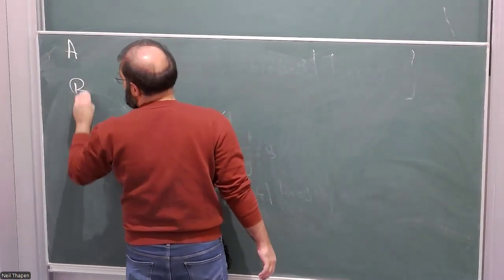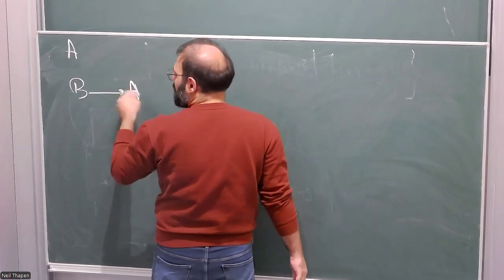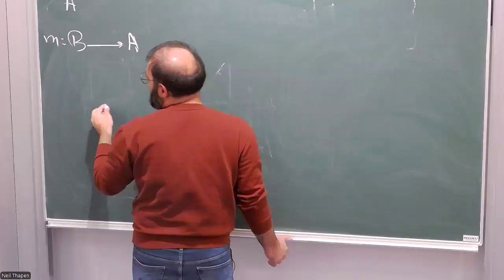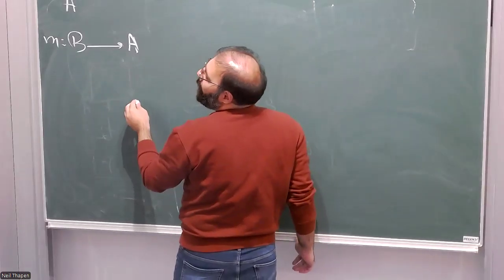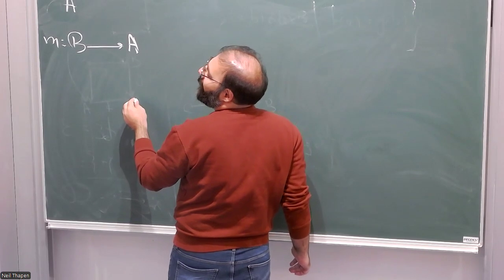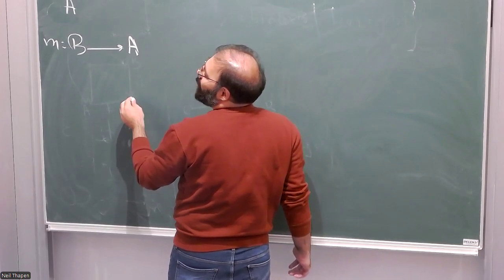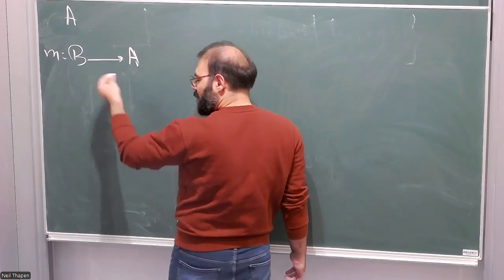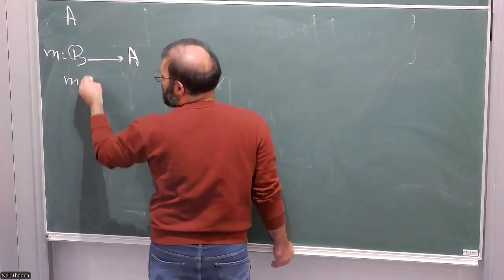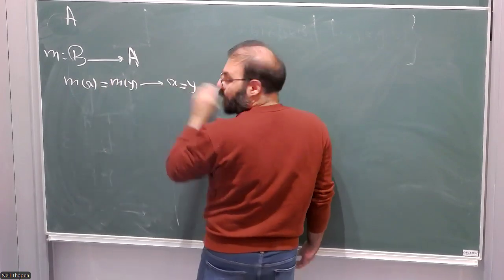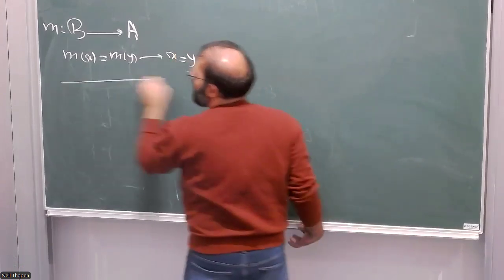A sub-object is just a map from some B to A, like M, such that M is monic. And monic means, so what is a one-to-one function, right? One-to-one means this, right? Monic means the arrow theoretic version of this.